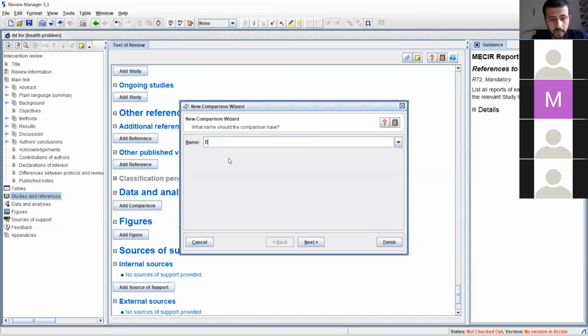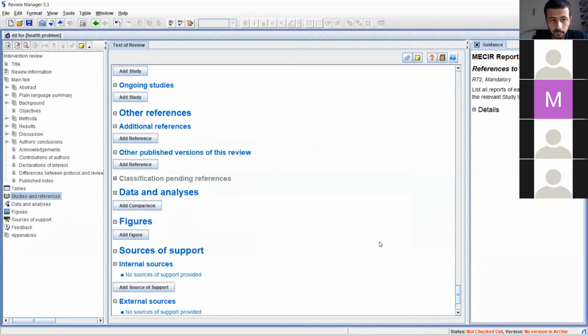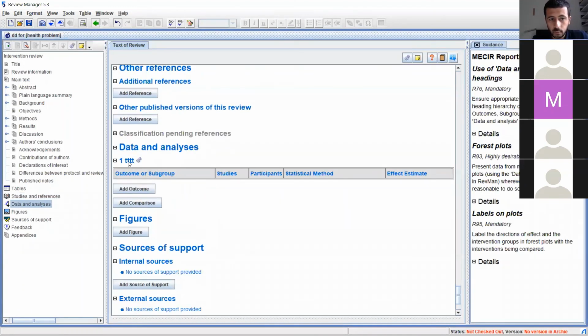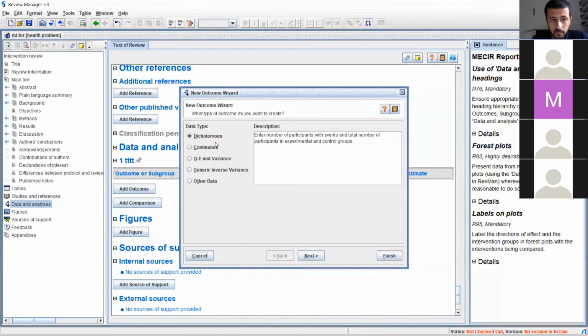Here we have a comparison. This is the first comparison. For this comparison, add outcome. The outcome here you can find dichotomous or continuous.